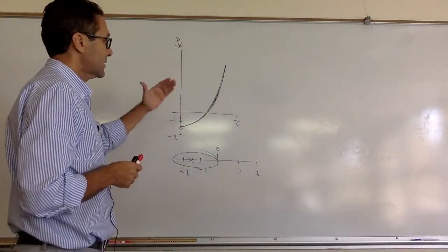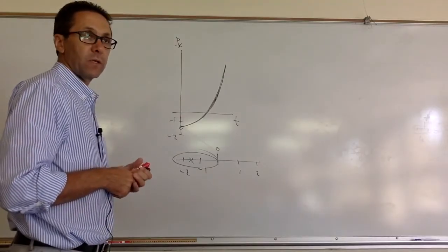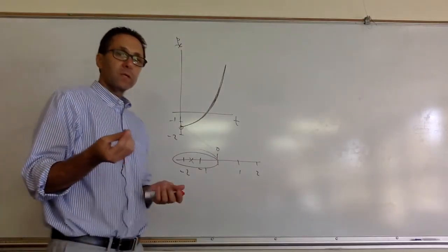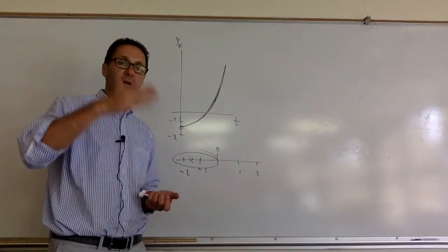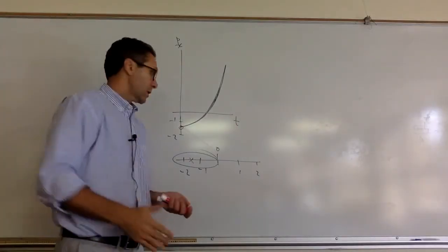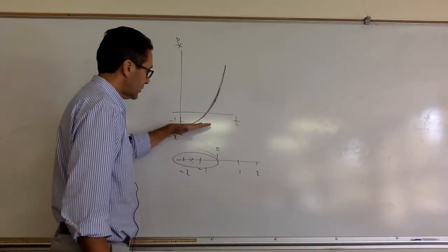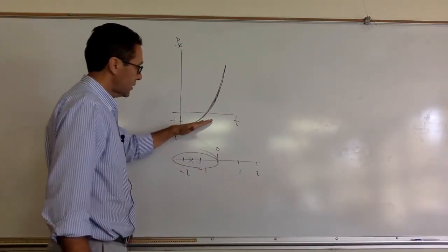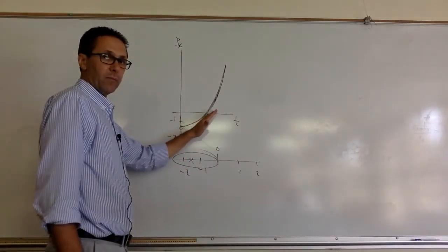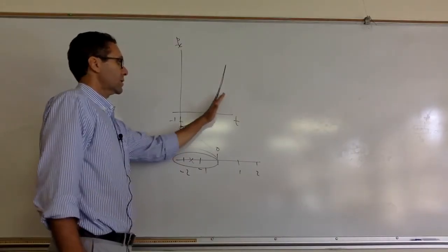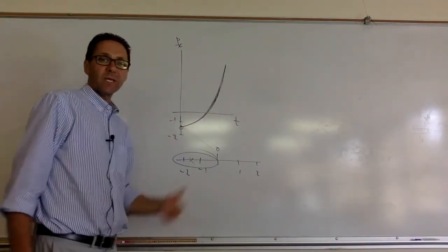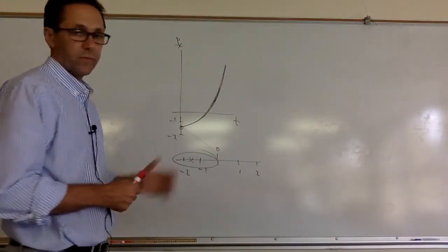We just look at the steepness of this curve. For a line, the steepness remains the same no matter where you put yourself on the line. But for a curve, the steepness changes. And this is how I do it. I say, well, this is not so steep, but as I travel up the curve, it looks like I'm getting steeper.